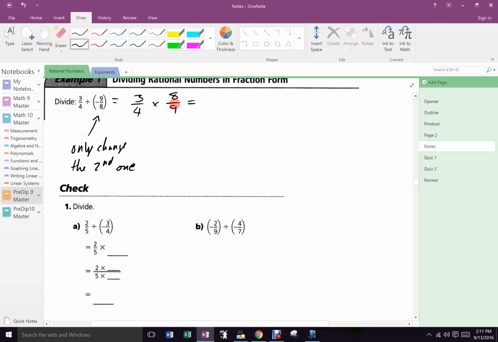Now, there's a multiplier and a multiplicand. Which is the multiplicand? 3/4 or 8/9? It's 8/9. So the multiplier is 3/4. Excellent!